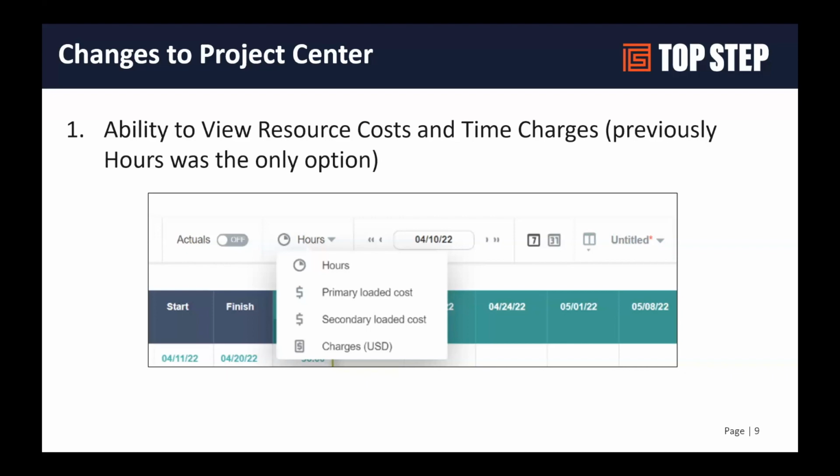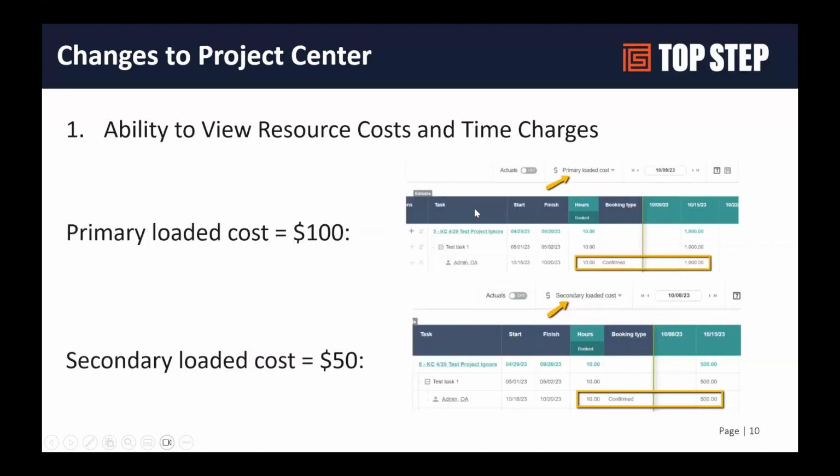From a charges perspective, being able to see that here is, in my opinion, a real game changer. If we're looking at this from a cost perspective, we can toggle to the different cost values. In this example, we've got a couple of costs on our user's account, $100 or $50.